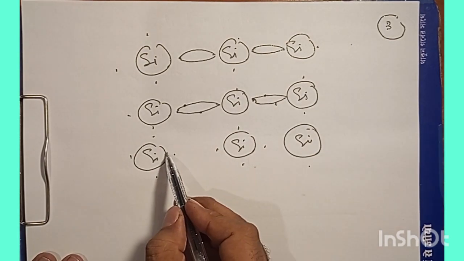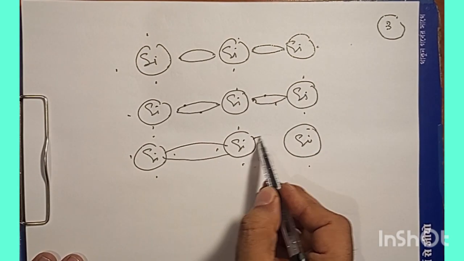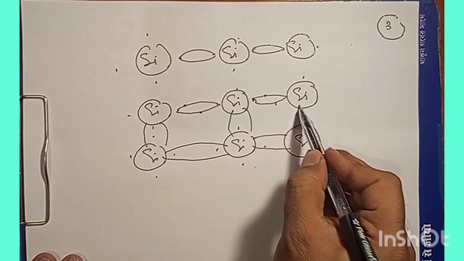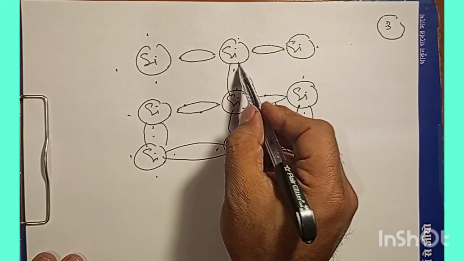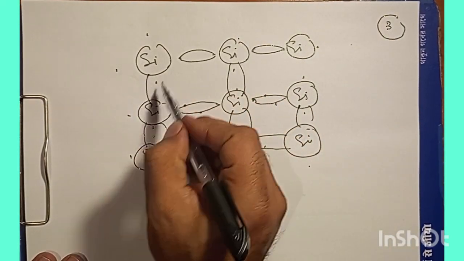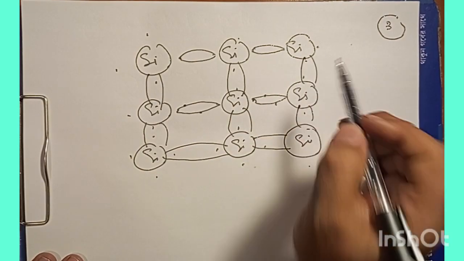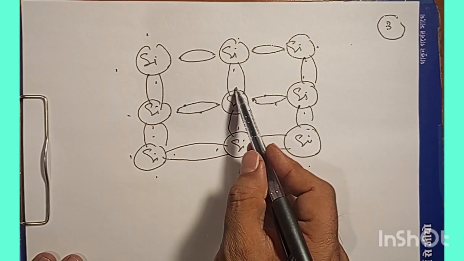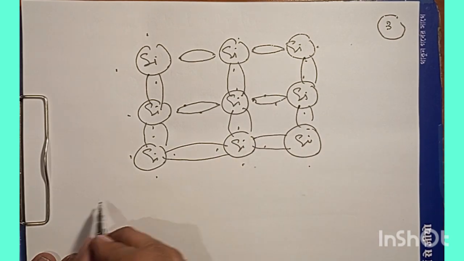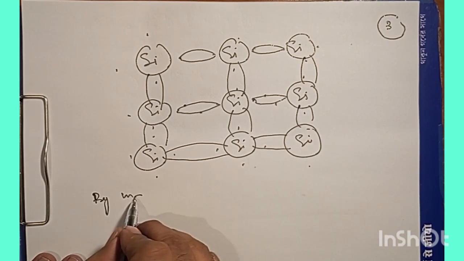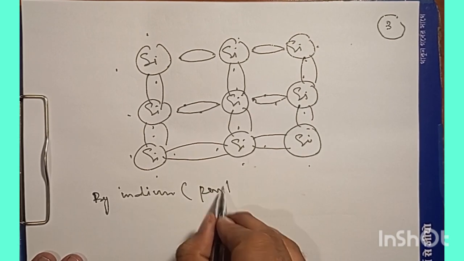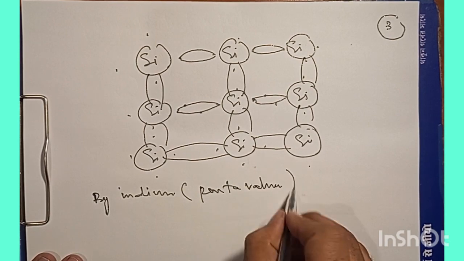So if I do it like this, this is a pure intrinsic semiconductor. Now, what I am going to do is replace this silicon, for example, by indium. Indium is a pentavalent atom.